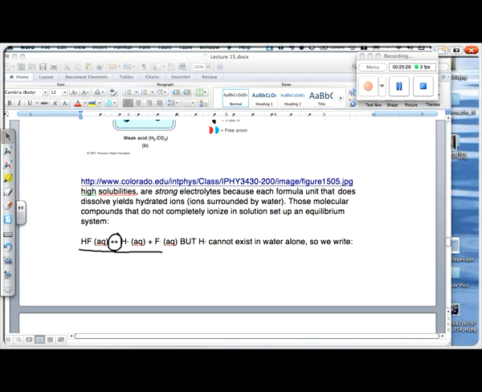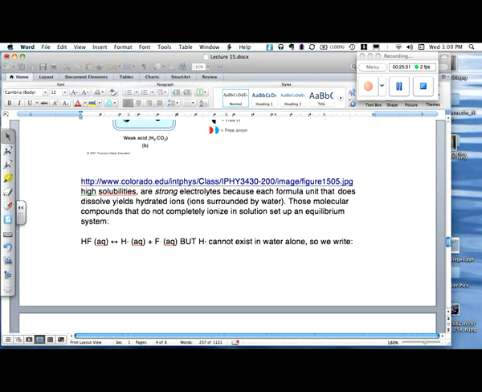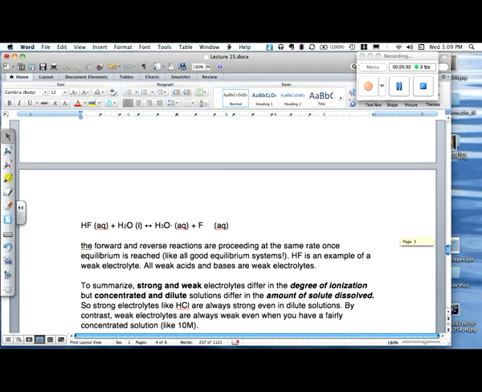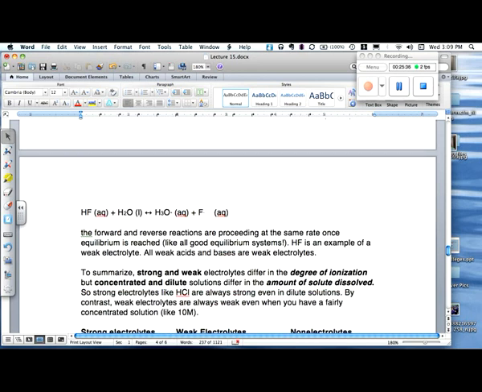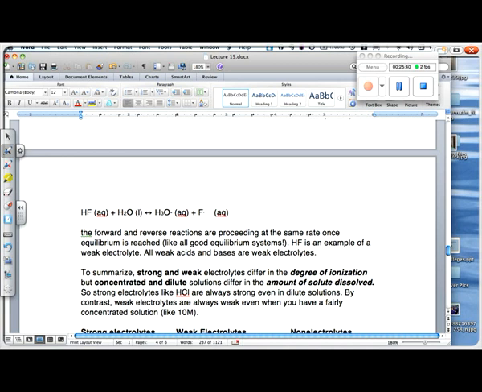Now, when you write these acid equations, and we will look at this more in exam 4 material, H plus doesn't really exist by itself, so we hook it onto a water molecule, but the take-home message is if you're going to write an equation for a weak electrolyte, you use the double-sided arrow.